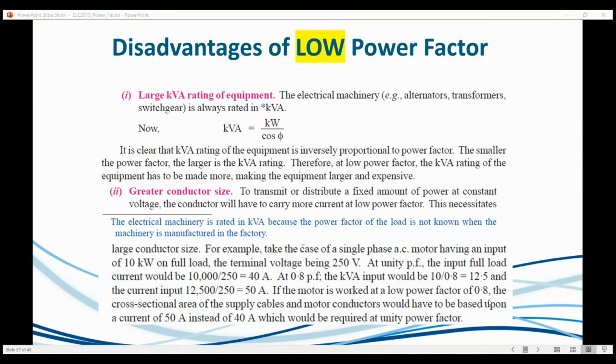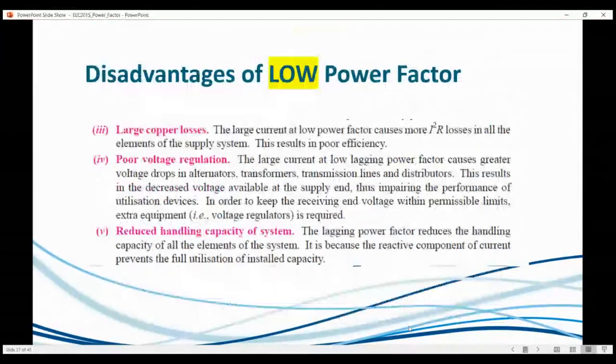You say 12.5 divided by 250, and it increases by a whole 10 amps. If the motor is now worked at a lower power factor of 0.8, the cross-sectional area of the supply cables and the motor conductors will have to be based on 50 amps. And obviously, if it's a bigger current, we need a bigger cable. So that's another important thing to think about in having a poor power factor.